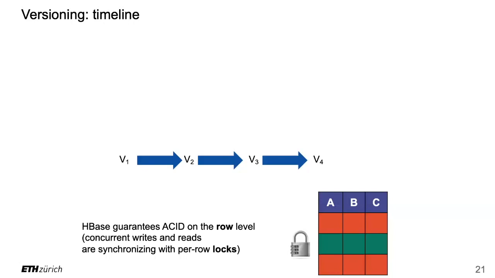And it does that by locking things at the level of a row. Just like in HDFS, you lock at the level of a file when you write. Anybody who is working on a row locks everybody else out. So you can read maybe past versions, but you cannot have two people at the same time write data to the same row. This is how we ensure that there is a linear timeline.